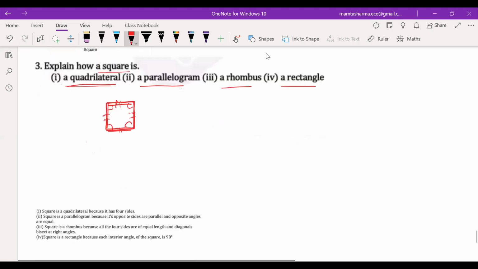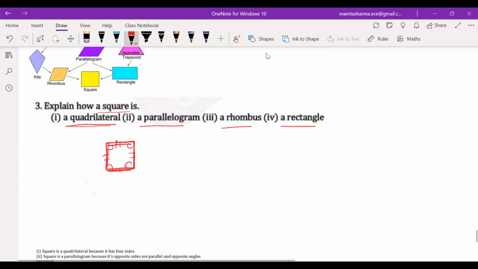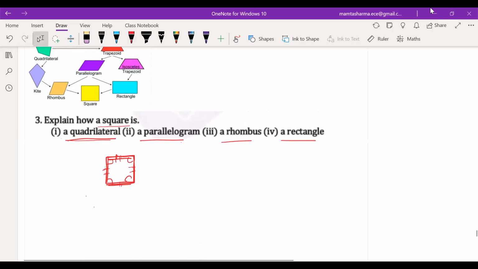Harshita, got it? Manideep? Got it, ma'am. Anybody else who is having any doubt in parallelogram, quadrilateral, trapezoid and kite? Ma'am, can you scroll up for that quadrilateral family?